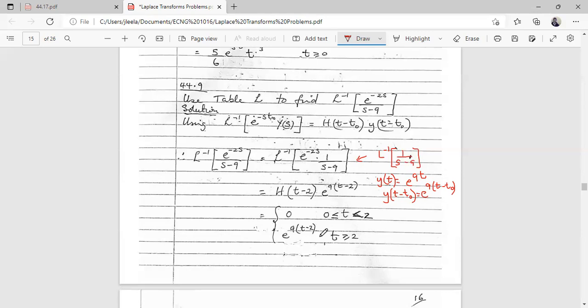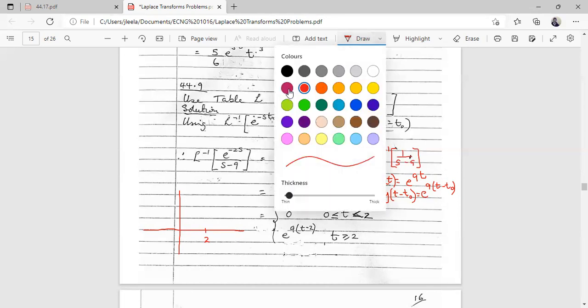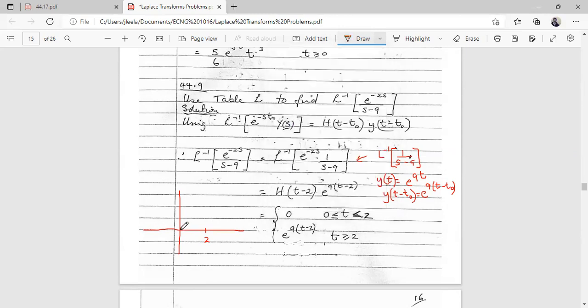And remember the Heaviside step function, right? So if this is 2 here, if you go all the way up to 2 here, in this region the function is defined to be 0.